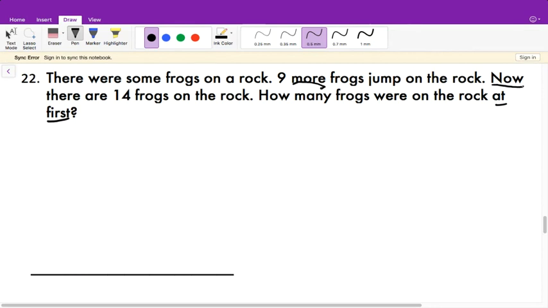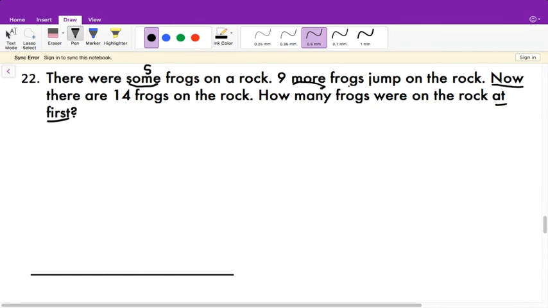Okay? So let's go ahead and go through and label the different parts of our equation. So we know that the question is asking about the start. And we also see this keyword here, some, which is our unknown number. So there were some frogs on a rock. That's what's happening at the beginning of our problem. So that is the start. We have a box for that word.